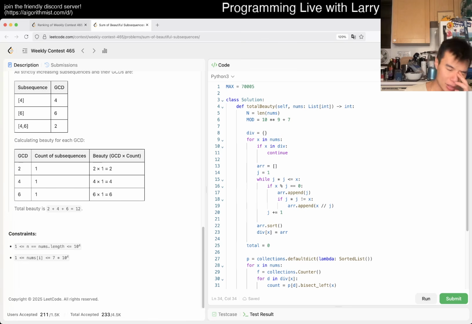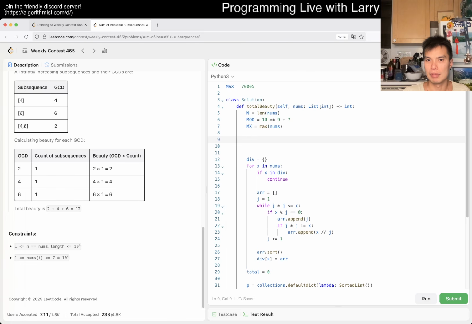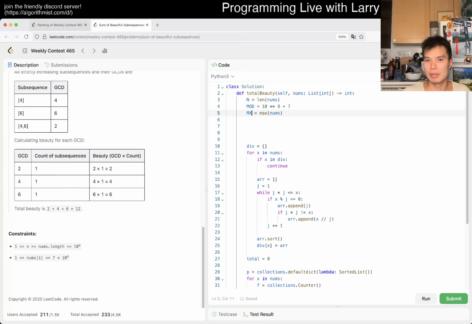But okay, I know that I'm doing it a funky way because I don't know enough to optimize it before knowing it. I mean, knowing the answer, we could get all the divisors for the max number. So nums, right? And now we have for x in range of max plus 1.